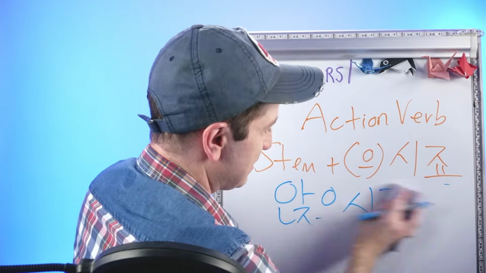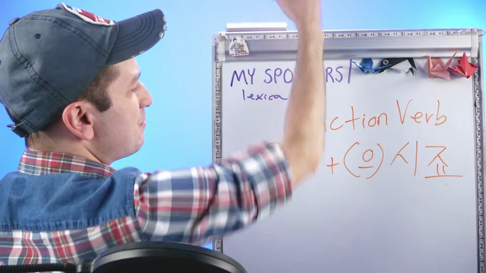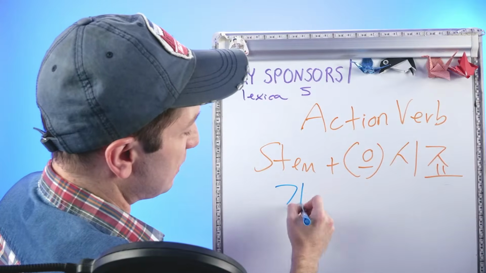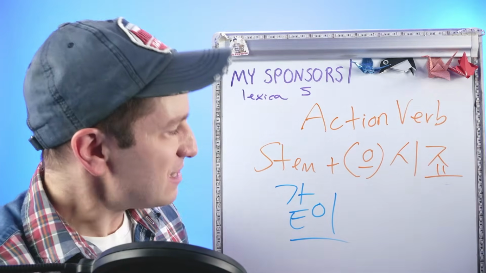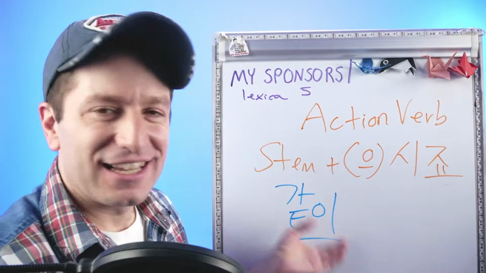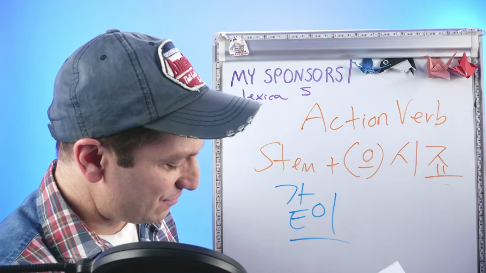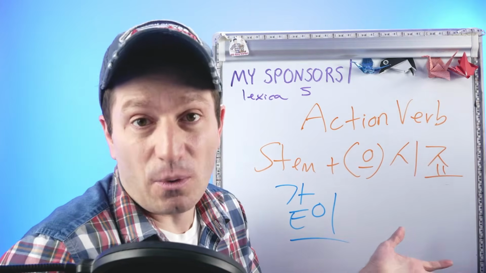And this one also is commonly used with 같이, just like before, to emphasize that yes, you're doing it, but do it together with me. That sort of meaning. So instead of just saying 앉으시죠, you could say 같이 앉으시죠 if you want.